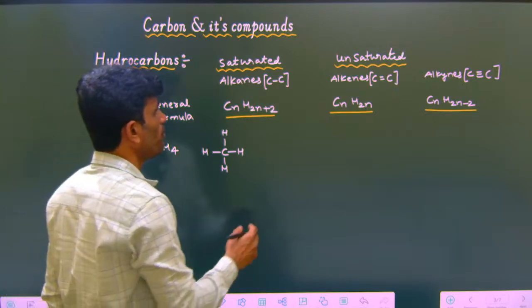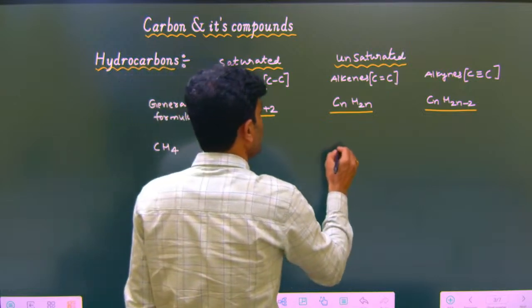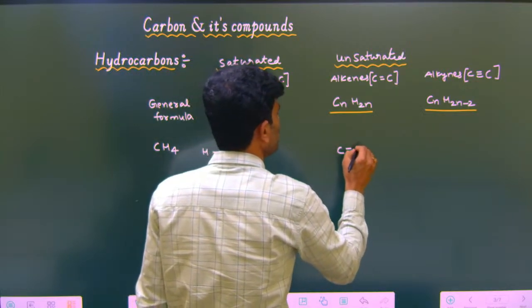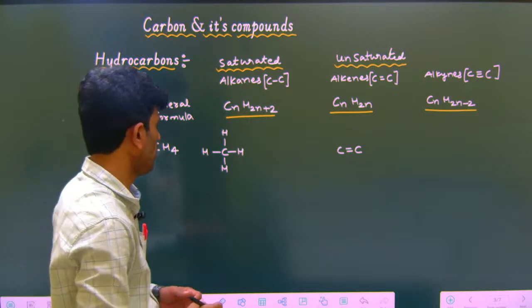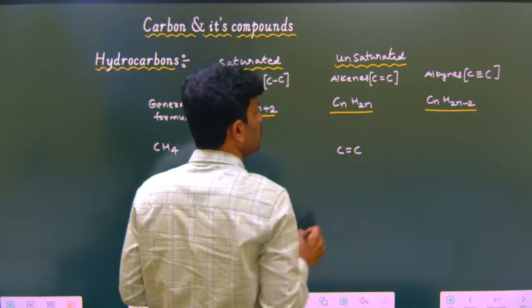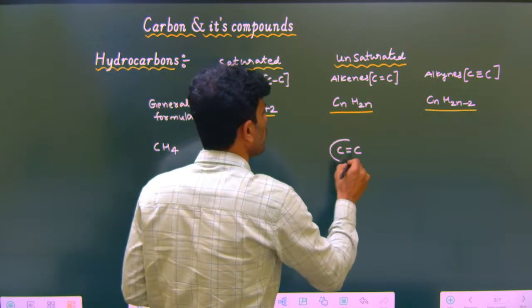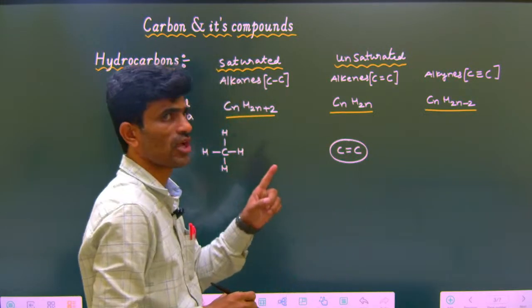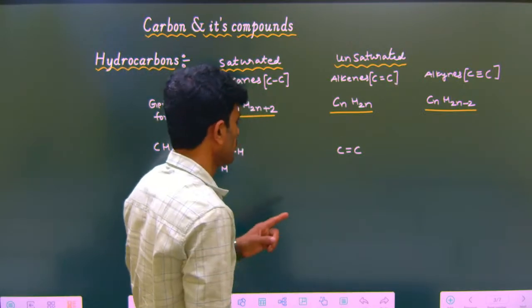I told you methene and methyne are not possible, because if you want a double bond, we need to have it between carbon and carbon. It is not possible because we will be having only a single carbon in meth.